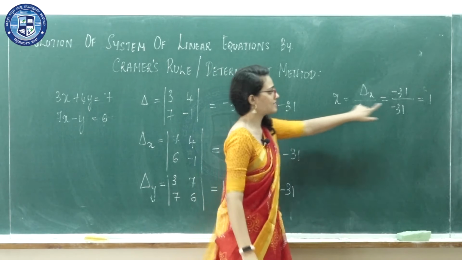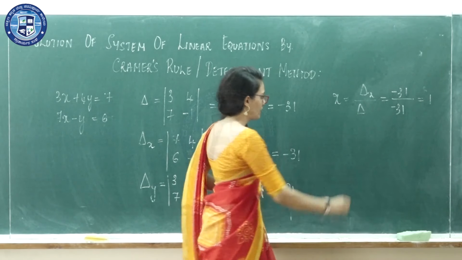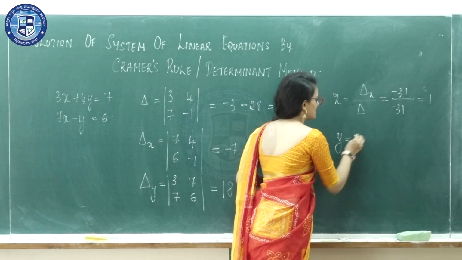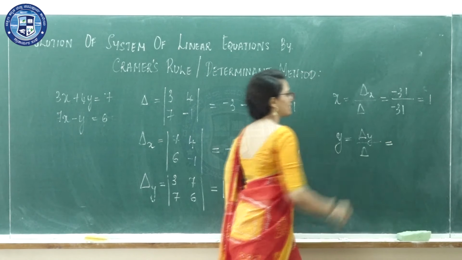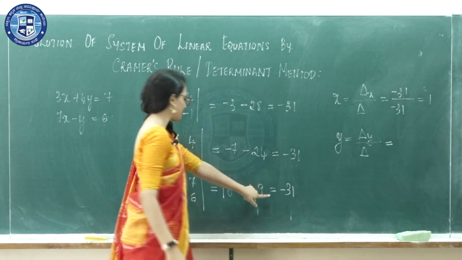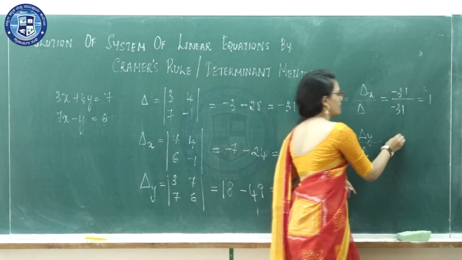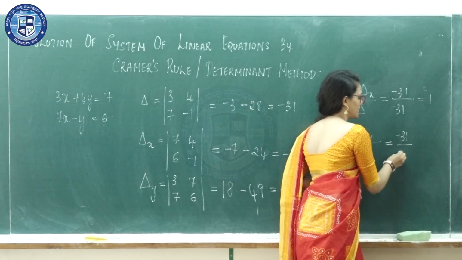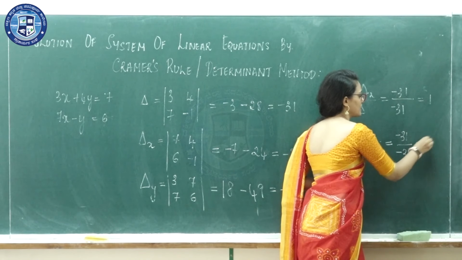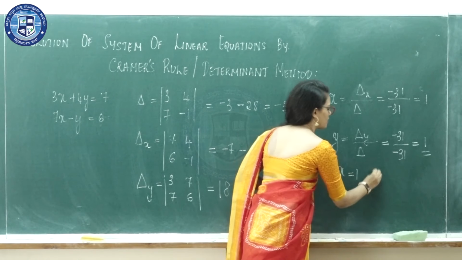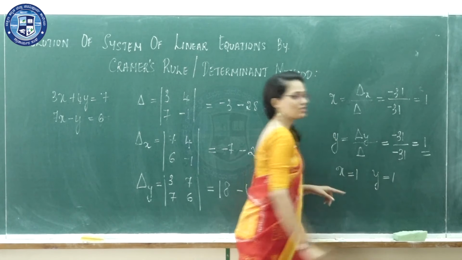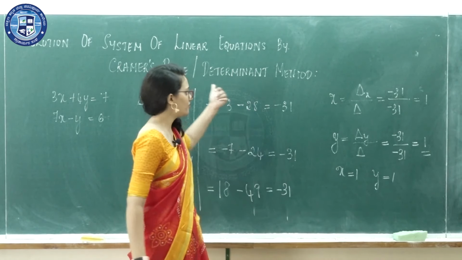So we got x is equal to 1 as the answer. So now let's calculate y. Similarly, this is delta y divided by delta, and delta y value is minus 31. So we get minus 31 divided by minus 31 is equal to 1. So we got x equal to 1 and y equal to 1 as the solution for this pair of linear equations.